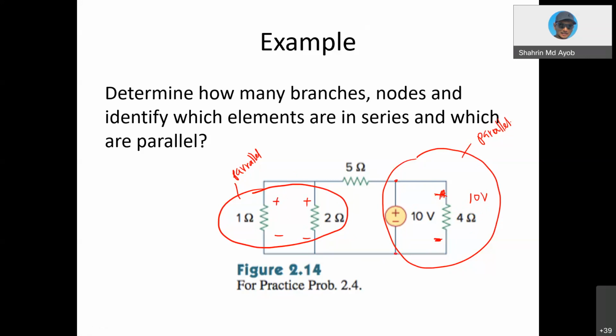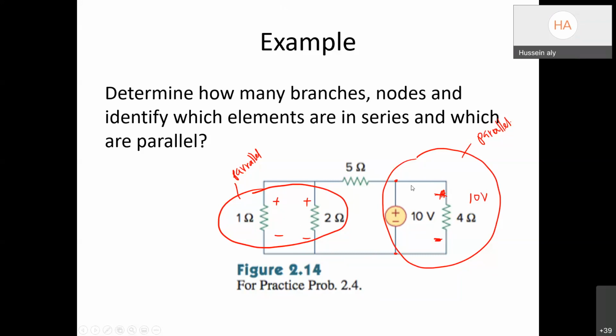Is it 10 volt? Are the 1 ohm and 2 ohm in parallel with the 10 volt? Any answer? No, because they are in series with the 5 ohm.